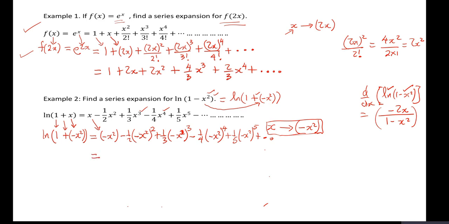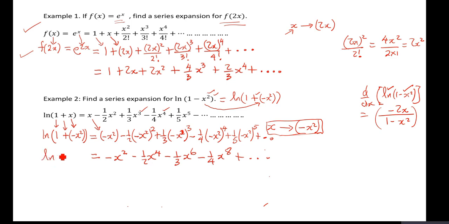And all I have to do now is simplify, and you can check that simplification. I get minus x squared minus a half x to the power 4 minus 1/3 x to the power 6 minus 1/4 x to the power 8. Okay, we can stop there.